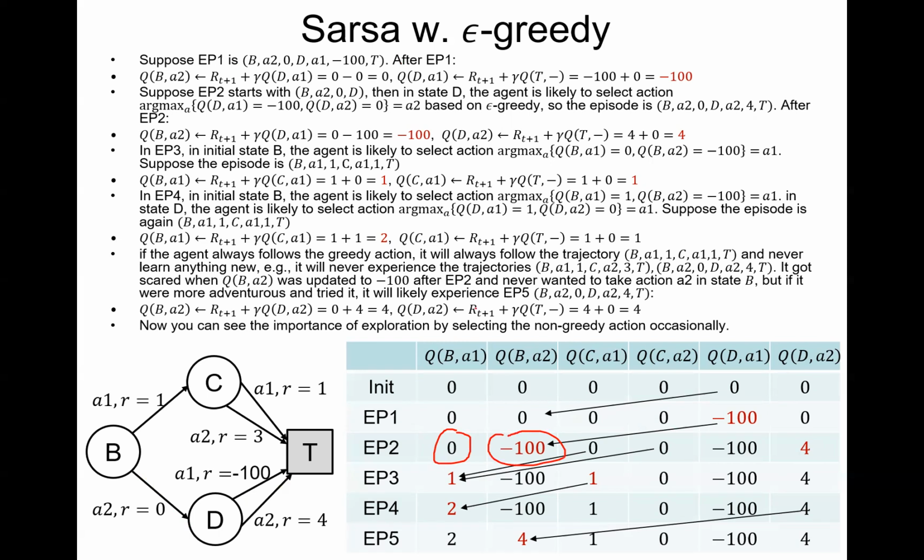So based on epsilon greedy, you're likely to choose A1 and go to C. So C you have never experienced, so you take a random action from C. Suppose from C you take A1.